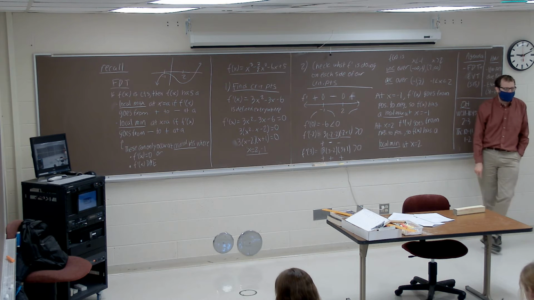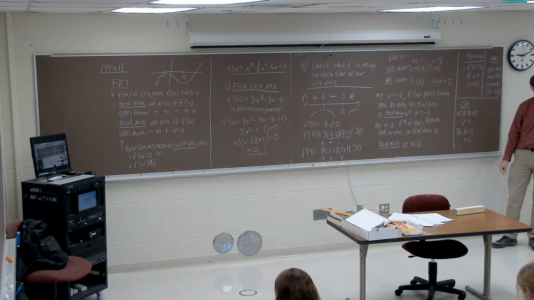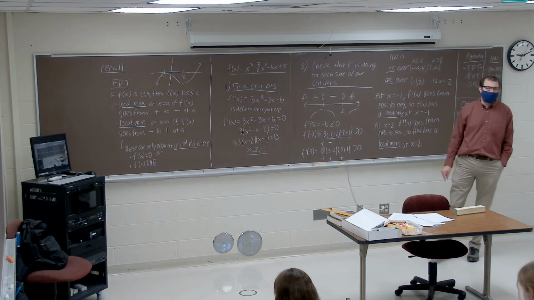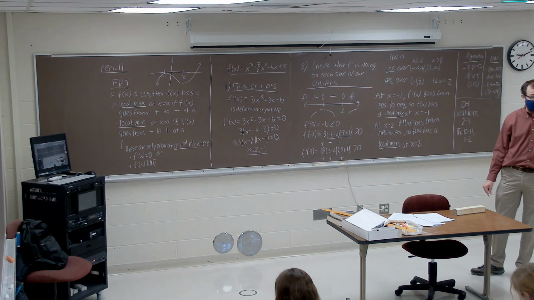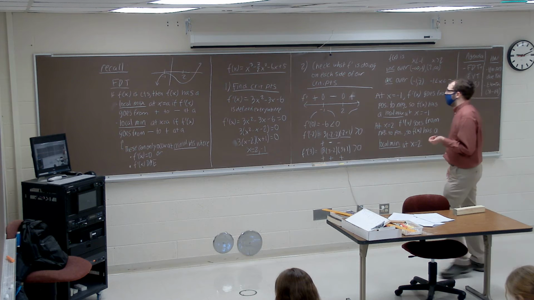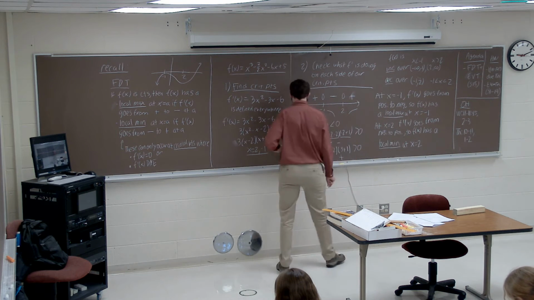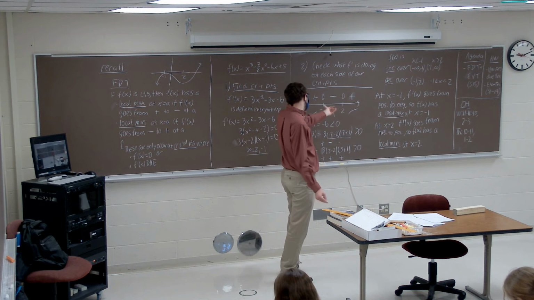Any questions, comments, or concerns? This is the basic procedure you would always do if you're trying to do a first derivative test. Look for your local maxes and mins. If you don't have a graph sitting in front of you, find your critical points. You make a little number line like this.